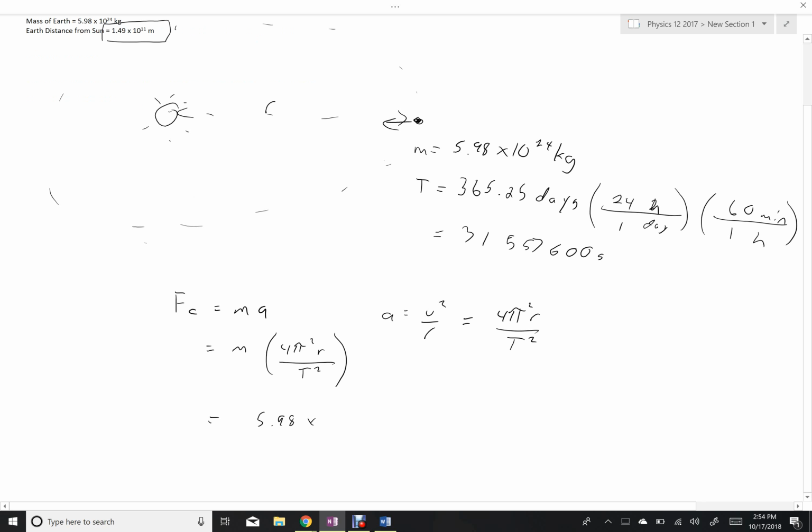5.98 times 10 to the 24 kilograms. So there's nothing really special here. This is just going to be a lot of calculator work.